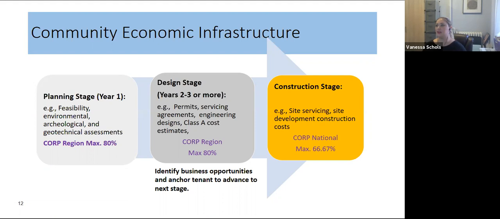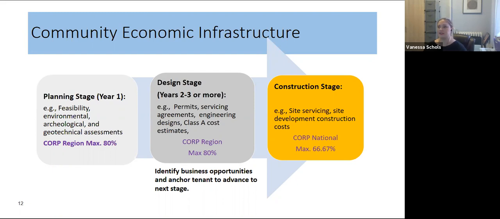So for community economic infrastructure project, this diagram is just showing the various stages. So year one is typically the planning stage. You can apply to the regional process for this stage to do feasibility studies, environmental, archaeological, and geotechnical assessments, just as an example.